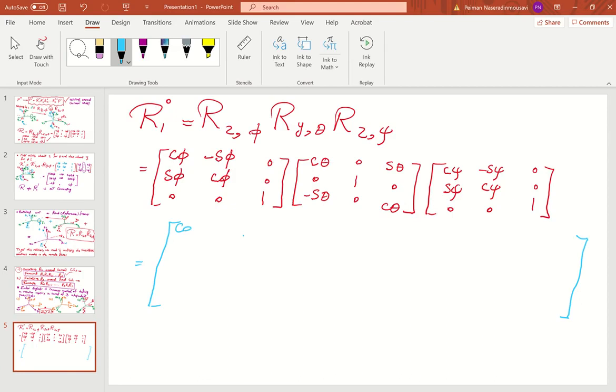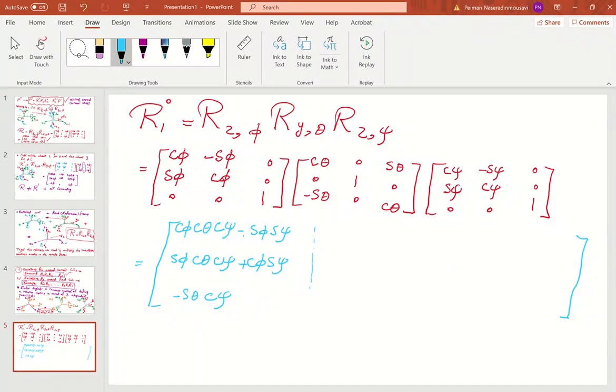Gonna be cosine phi, cosine theta, cosine psi, minus sine phi, sine psi, right? And now sine phi, cosine theta, cosine psi, plus cosine phi, sine psi. And here is minus sine theta, cosine psi.